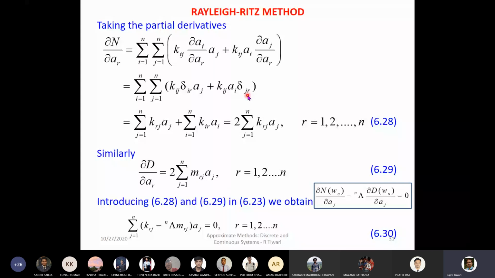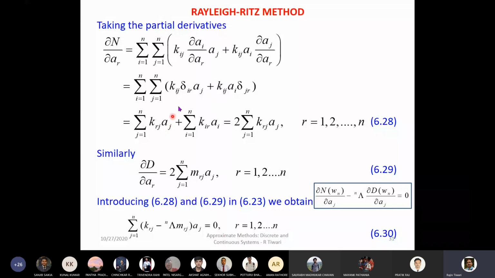Otherwise, it's 0. Now, because this K_ij is symmetric, you can see that when this quantity is 1, then the terms will be non-vanishing, and other terms will be vanishing. When i is equal to r, in the K we have r, j, this is the change.